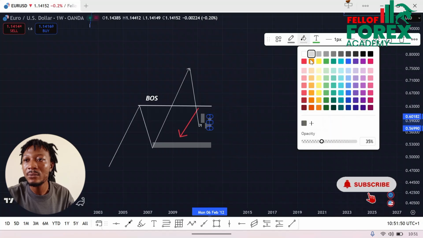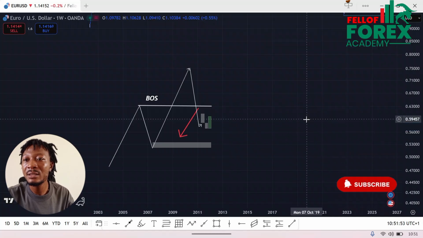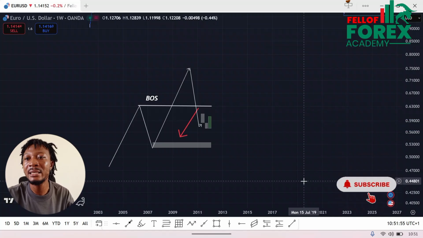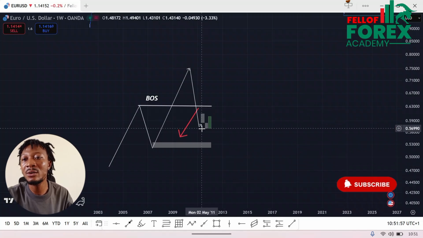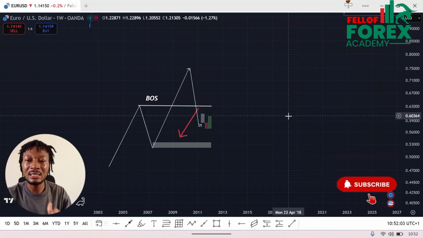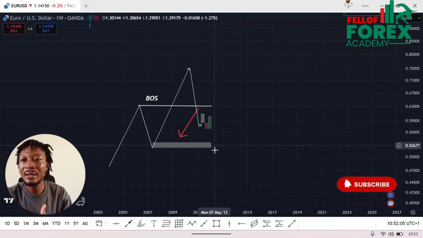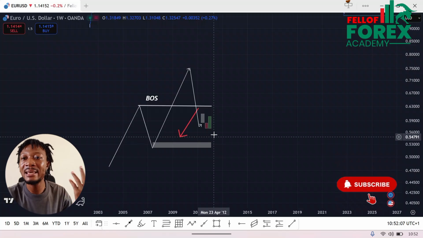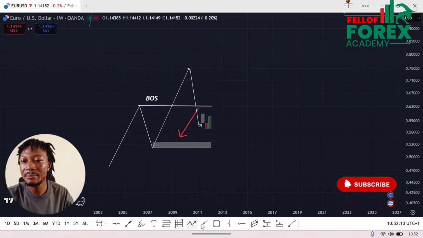So we call that a bullish engulfing around a key level. If we get this bullish engulfing around a key level, we now start looking for buy opportunities, or I just take a buy from here, place my stop loss a few pips below, and then I go. So this is how it looks like.